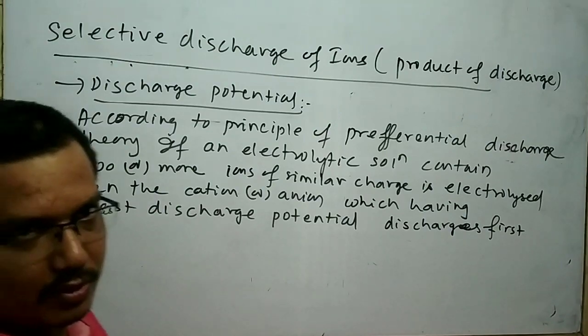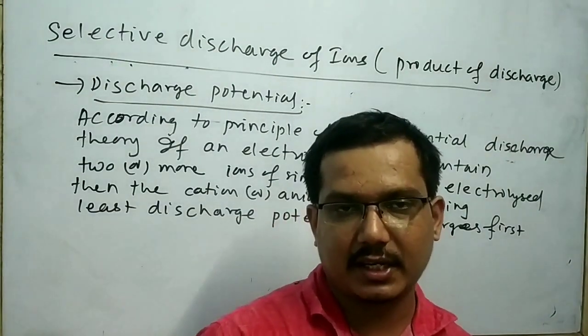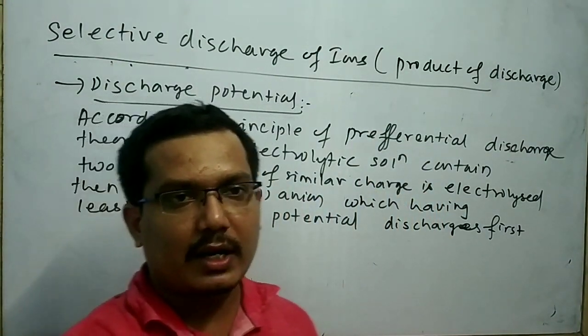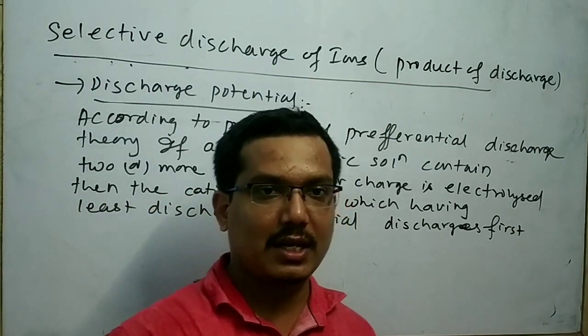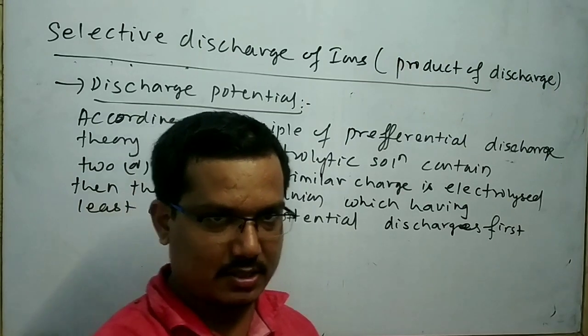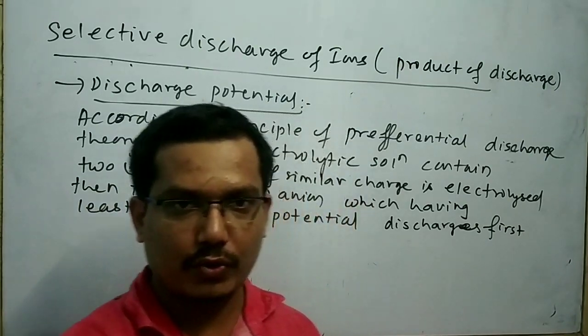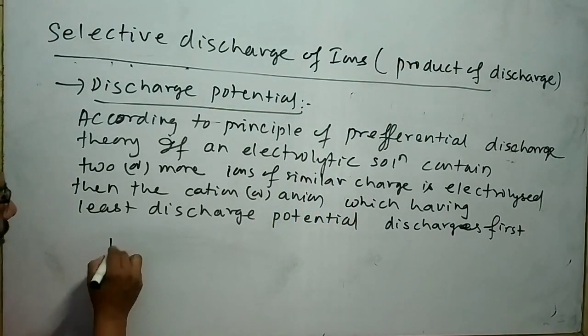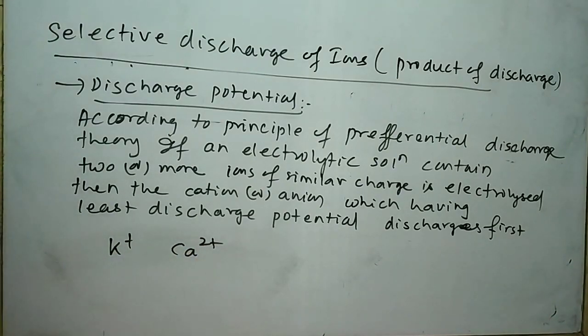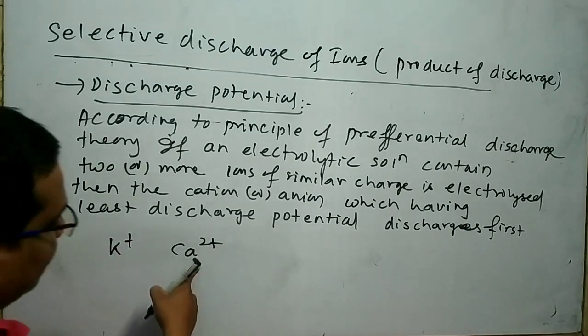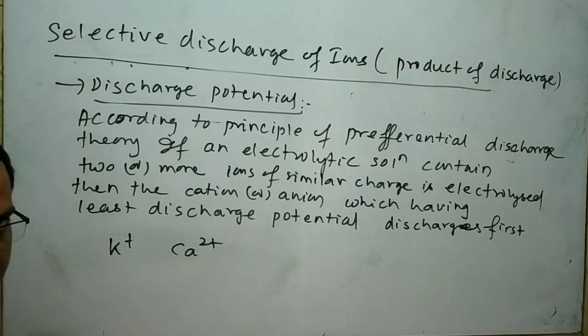According to this principle, if there are two cations present, the cation which has the least discharge potential discharges first at the cathode. Suppose I take two cations, K+ and Ca2+. Experimentally it is seen that the Ca2+ ion has less discharge potential as compared to K+, so the Ca2+ ion discharges first.